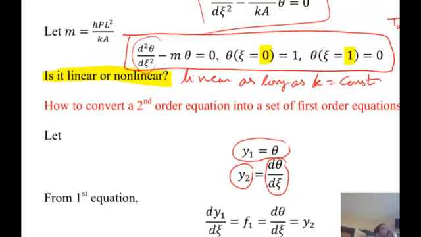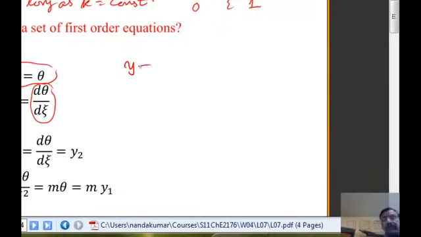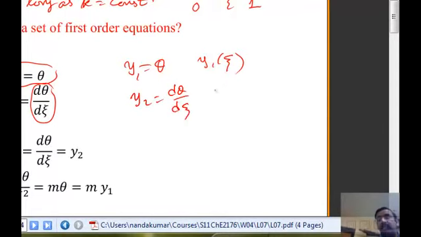So I have two functions, y1 and y2. y1 is the same as theta, a function of psi. y2 is the derivative d theta d psi, also a function of psi. When I formulate it like that as a system of first order equations, MATLAB can handle that.